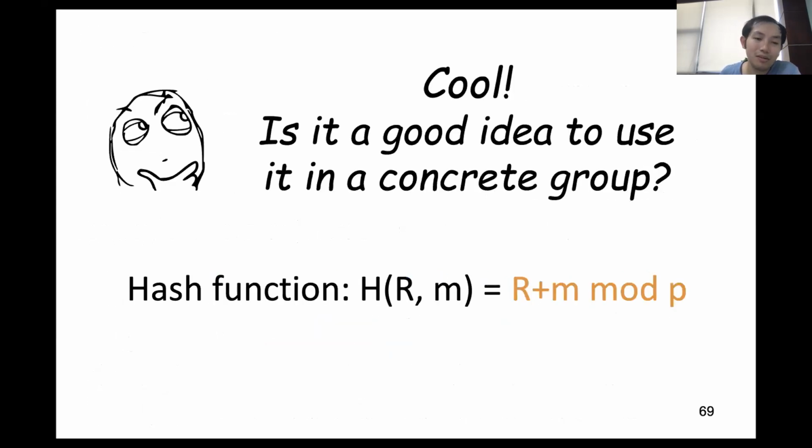If you can prove that the idea of r plus m is a good idea in the generic group model, it seems to have a very strange implication, meaning that a very popular signature scheme can be instantiated with an almost trivial hash function. It's just summing the randomness and the message, assuming the message is in a small subspace of the group size.